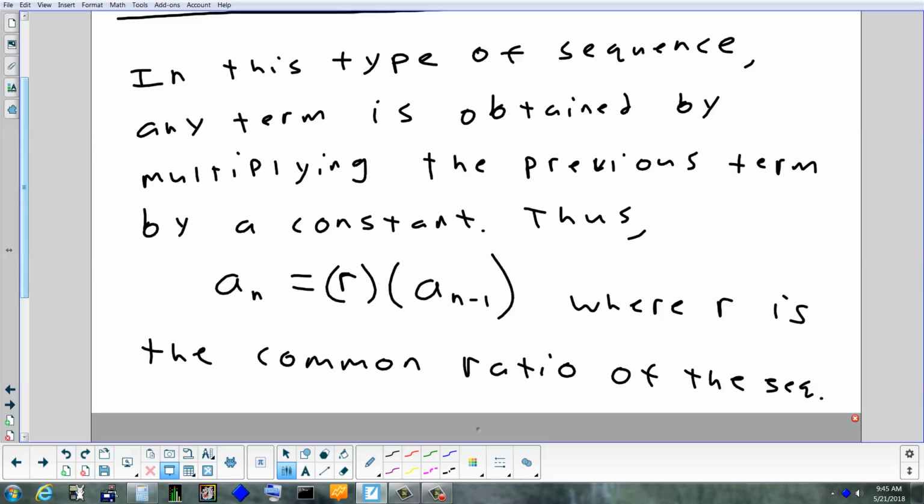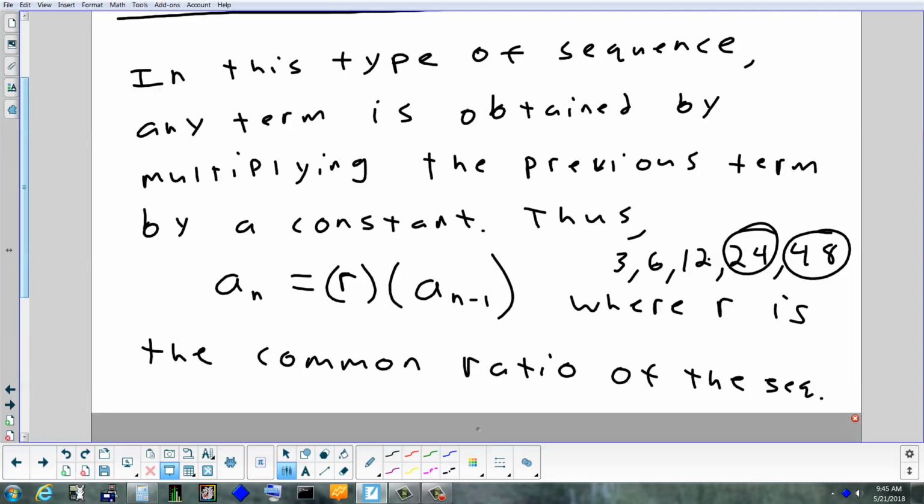So if you look at this pattern, 3, 6, 12, 24, 48, what am I doing each time? Yeah, and if you take a term and divide by the one before it, that's the pattern. 48 divided by 24, 2. 12 divided by 6, 2.